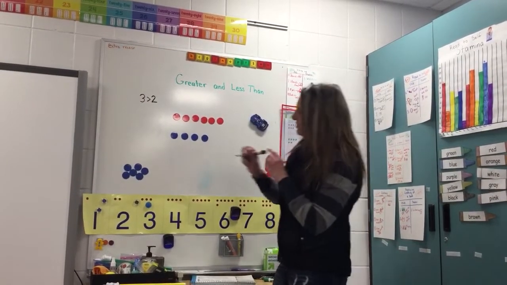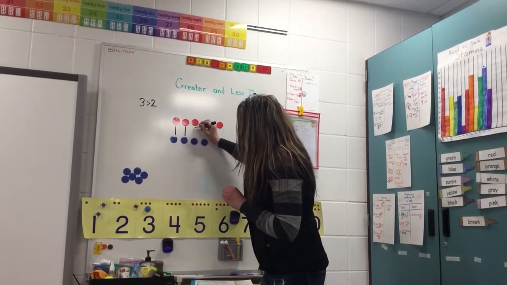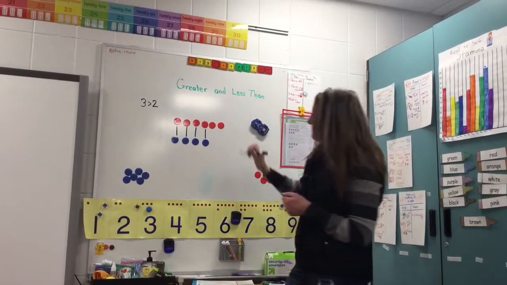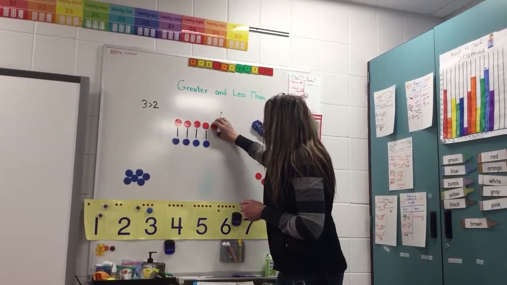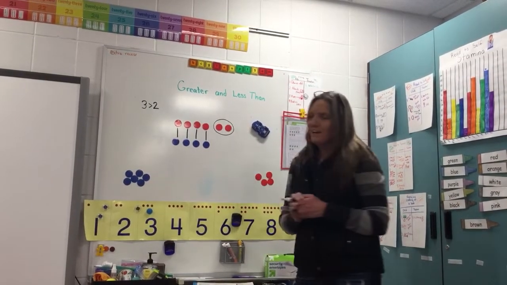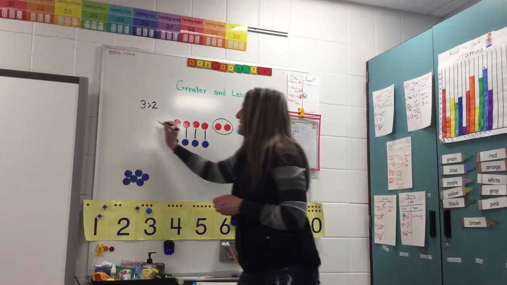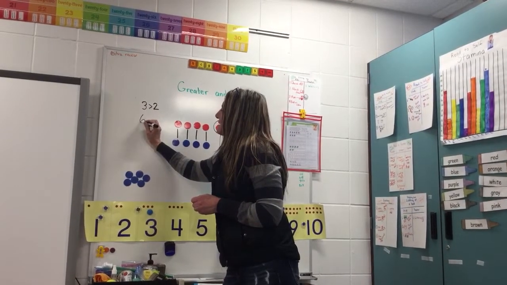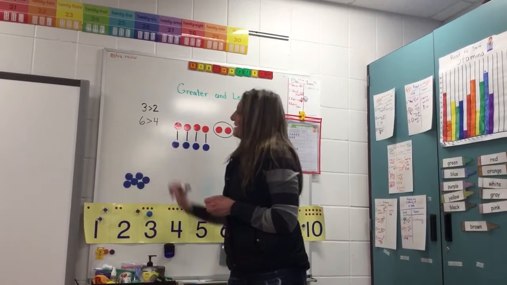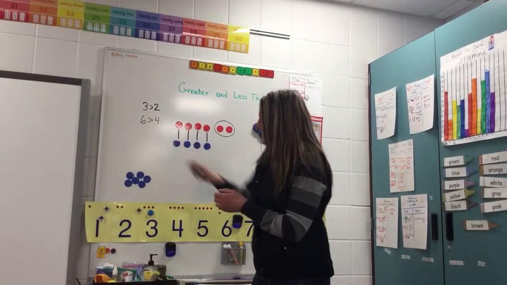Take whatever tool you're using. I matched them up. You can kind of push these aside. Circle them. And you can see what's the bigger number. The red has more. 6 is greater than 4. That alligator wants to eat the 6.